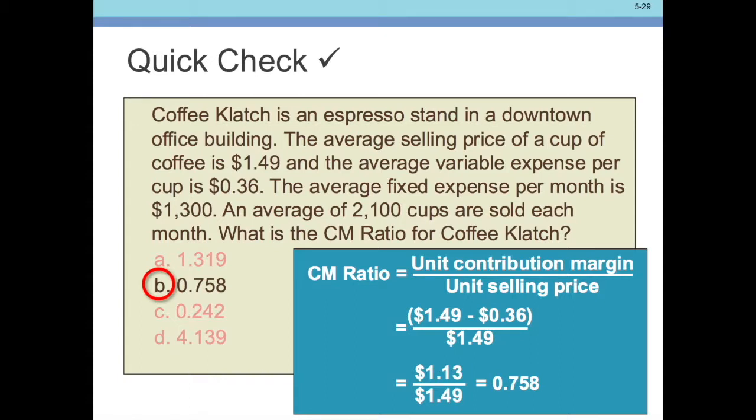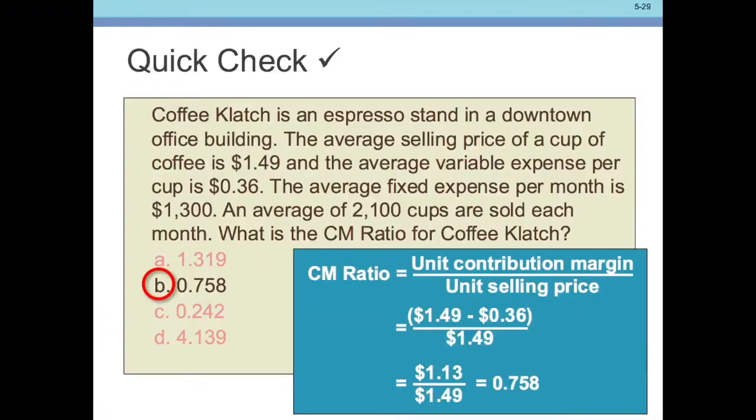So $1.13 divided by $1.49 is 0.758, or almost 3/4 of the price goes towards contribution margin. That's fantastic. Obviously, there's a lot of margin in coffee, but 3/4, or 75% of the sales price goes towards fixed expenses in the coffee example.